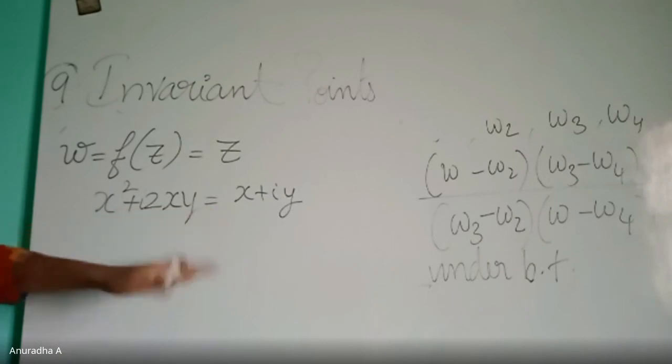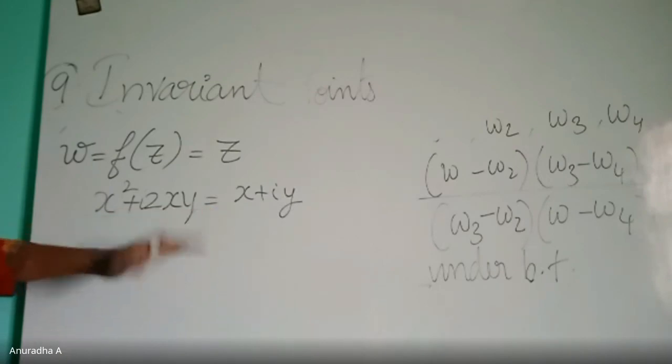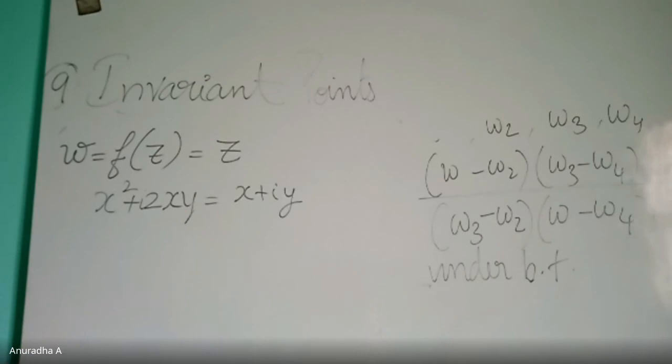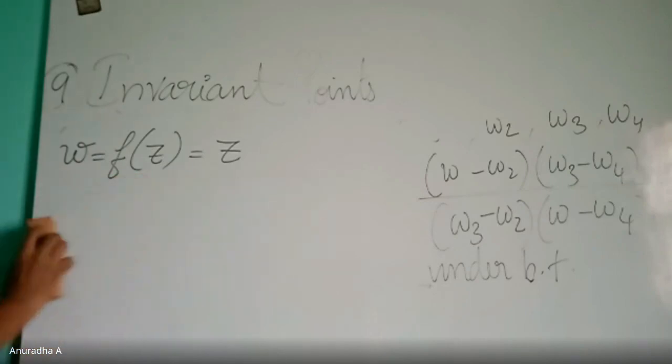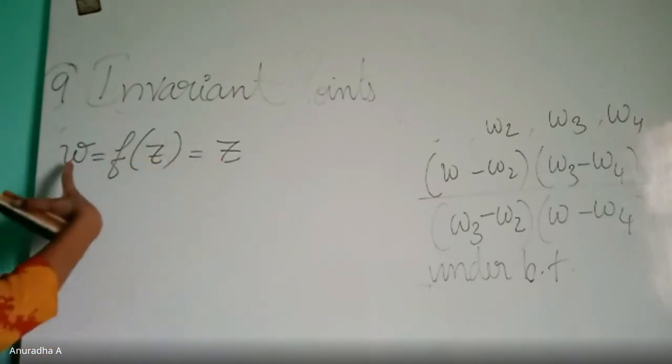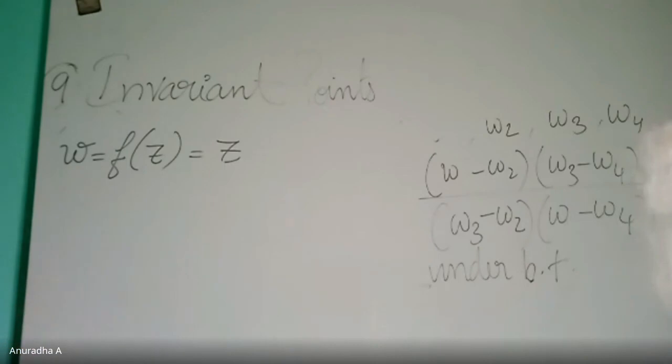Solve this: for what value of x and what value of y will this be true? Then those will be the answer. Those points are called invariant points. So the definition is f of z equal to z, that is, the points where w and z become the same.